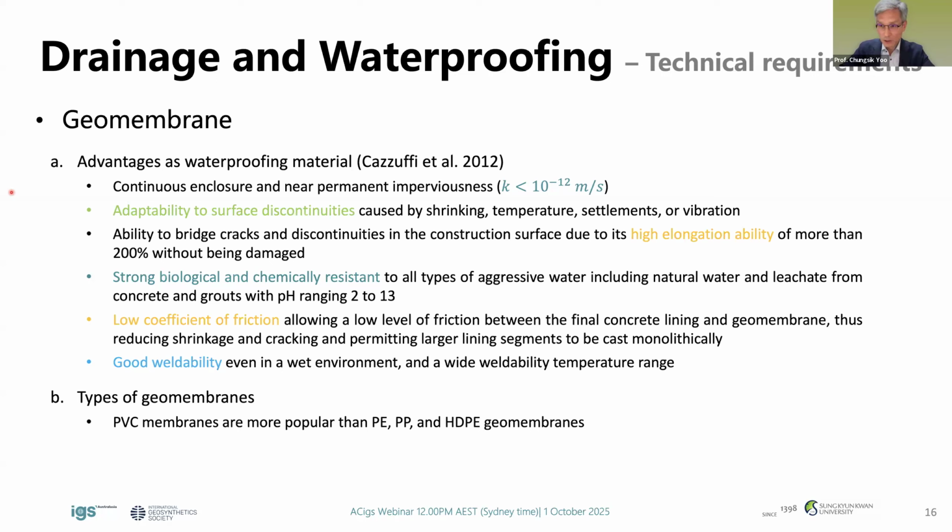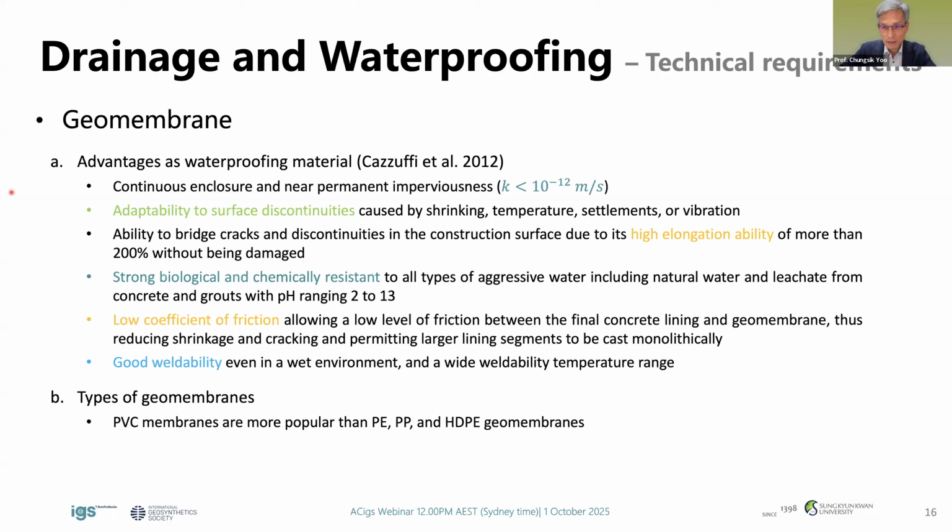You know, also it can stretch a lot, over 200%. So it can cover cracks in the concrete lining without tearing, right? And another big plus is good weldability, as you can see, okay?